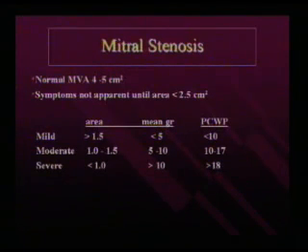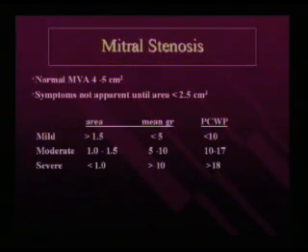And we call it mild if the area is between 1.5 and 2.5 centimeters squared, which would mean a mean gradient across the mitral valve of about 5 millimeters and a pulmonary capillary wedge pressure of about 10 millimeters. Moderate if it is between 1 and 1.5 centimeters, which would mean a mean gradient of about 5 to 10 millimeters of mercury across the valve, and a pulmonary capillary wedge pressure which has now started elevating, between 10 and 17 millimeters of mercury.